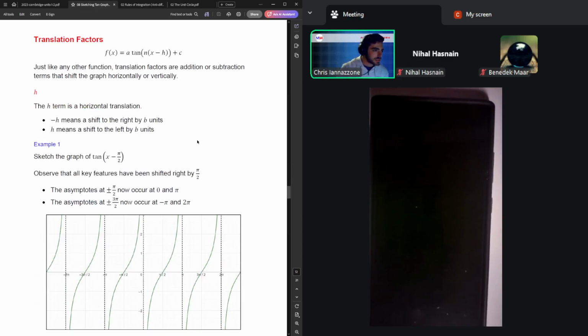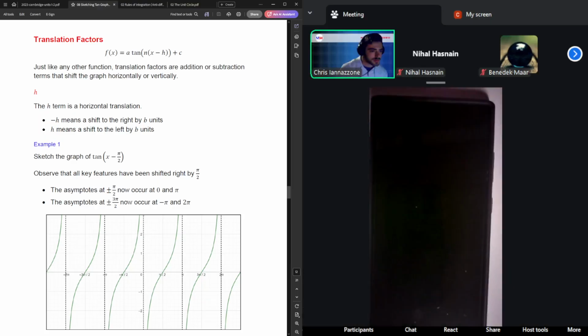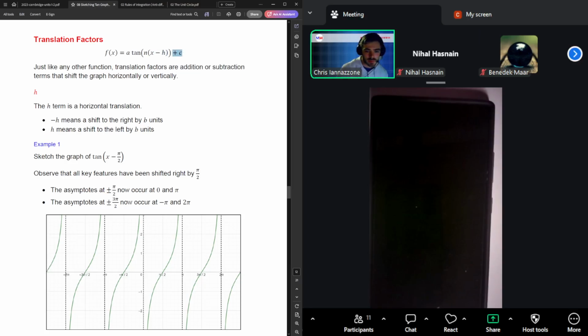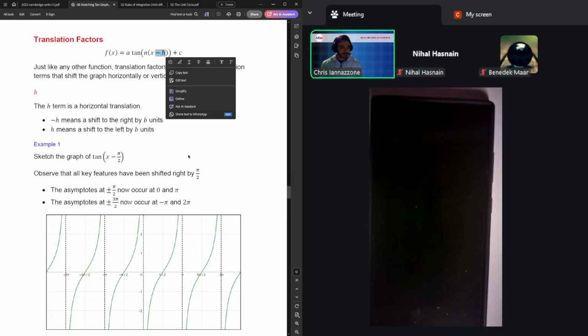Cool. Next up are the translation factors. These work the exact same way as all your other kinds of functions. This is where you have an x minus h for your horizontal translation, and you have a plus c at the very end for a vertical translation. Again, just like your other functions, if you have minus a value, you are shifting right by that value.